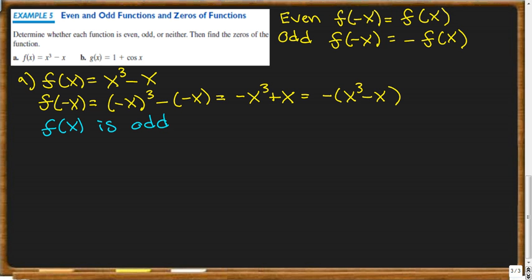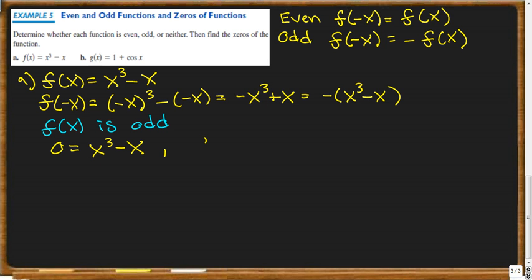And to find zeros for this function, we want to set our equation equal to 0. So we get 0 equals x cubed minus x. In this case, we've got two terms. Each term has an x in it. So we don't want to move anything or divide anything out. We want to factor.